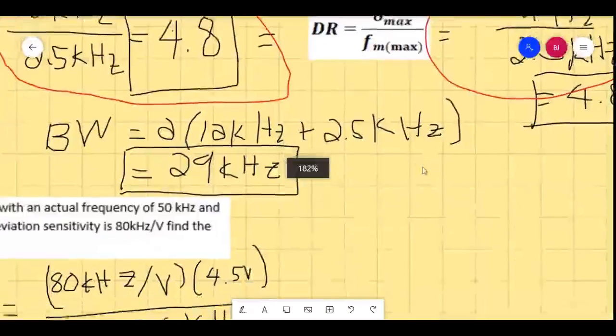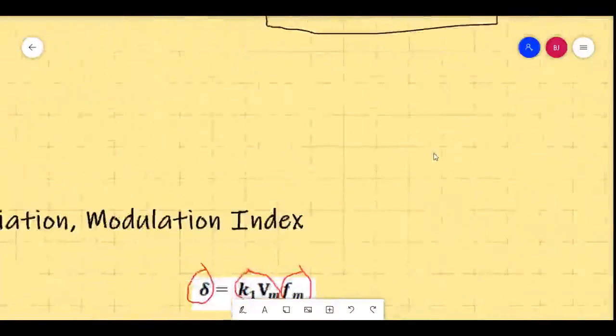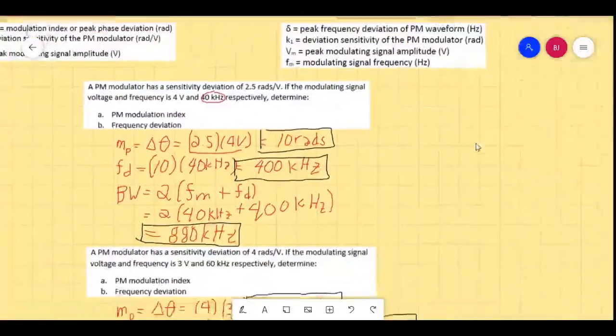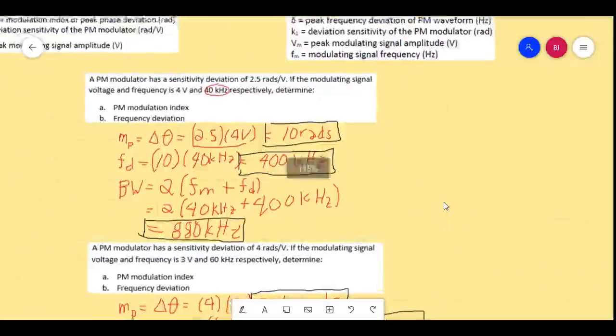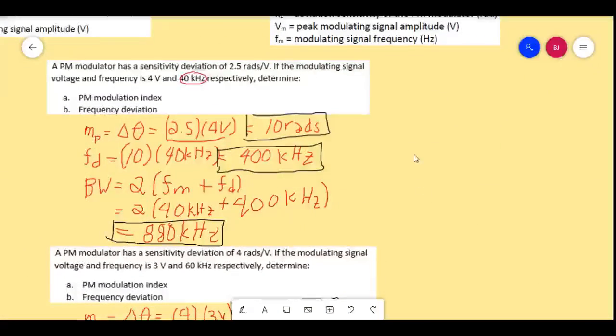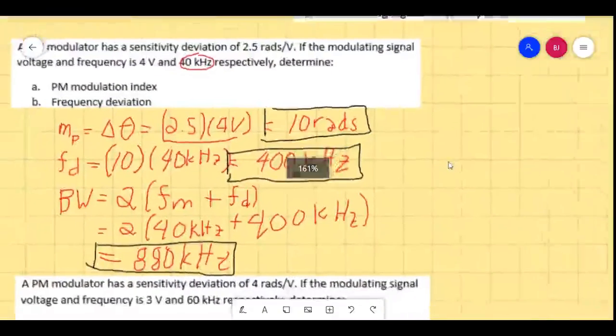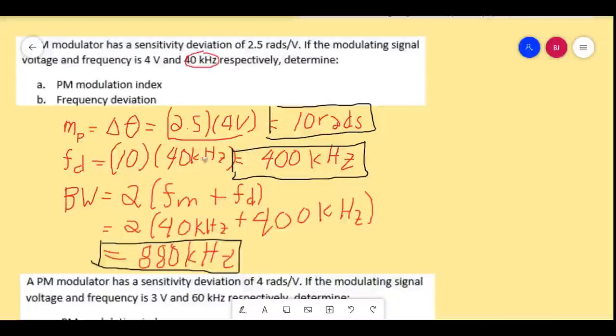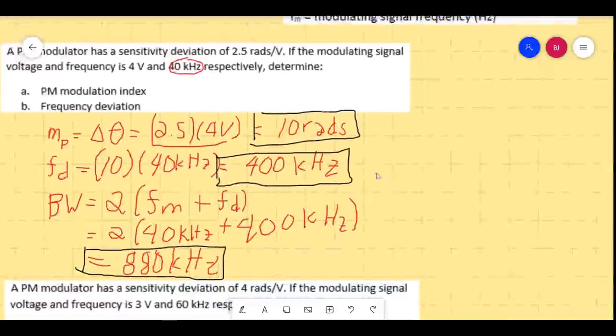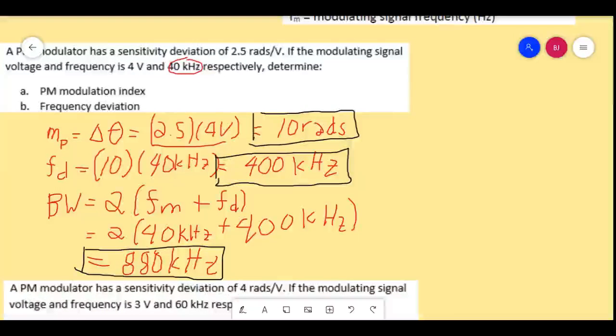Well, I give up. So you just have to remember that we need our maximum deviation divided by our modulating signal frequency. So in this case, our frequency deviation is 400 kilohertz.